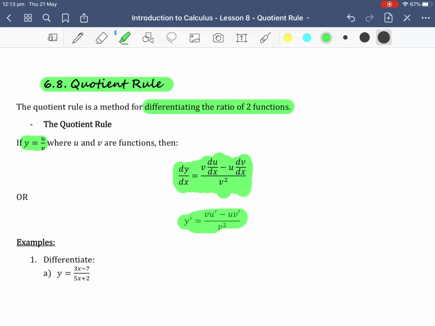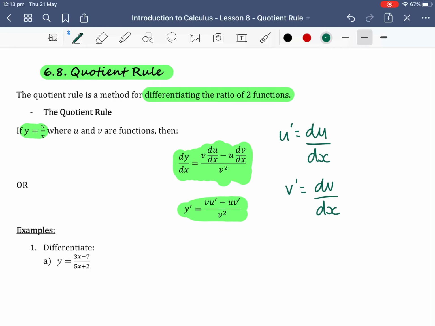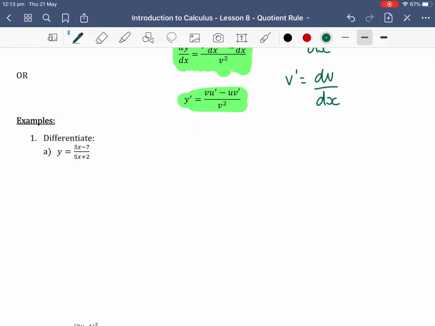Or we have y dash equals vu dash minus uv dash all over v squared. This is where our u dash is equal to du on dx and our v dash is equal to dv on dx. So the second way is just the shorthand way of writing it.